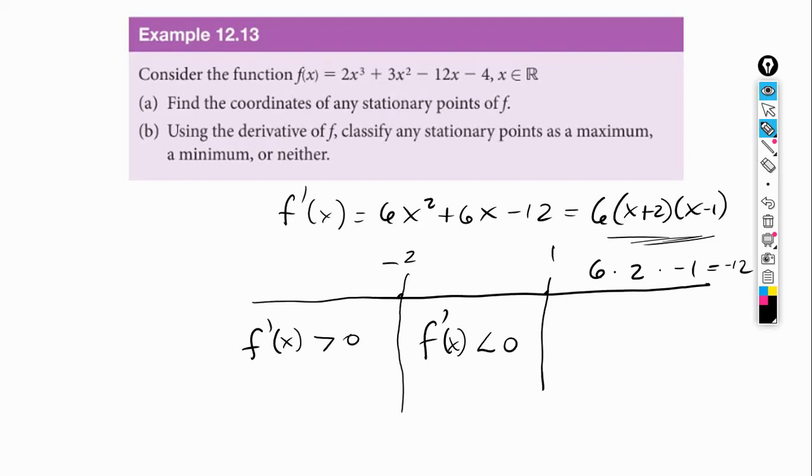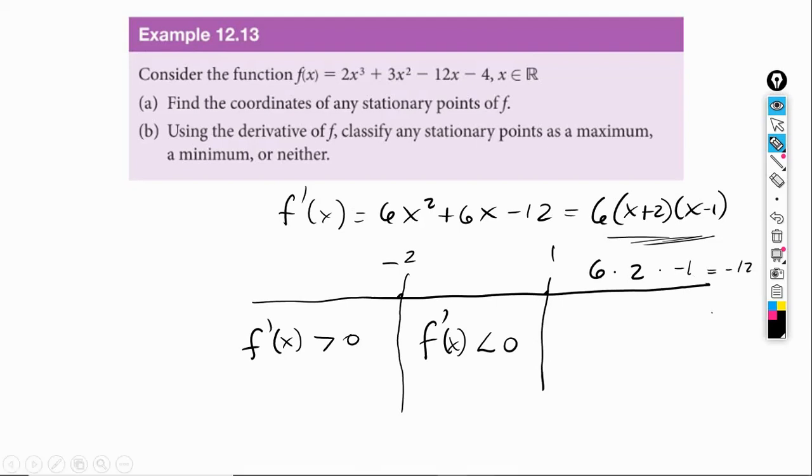So let's see what happens at x equals 1, where it's stationary, and what happens after that. Let's plug in something greater than 1, let's say 2. If we plug in 2 for x, we're going to get 6 times 4 times 1, and this equals 24. Therefore, after 1, the derivative, or the slope, is positive, greater than 0.